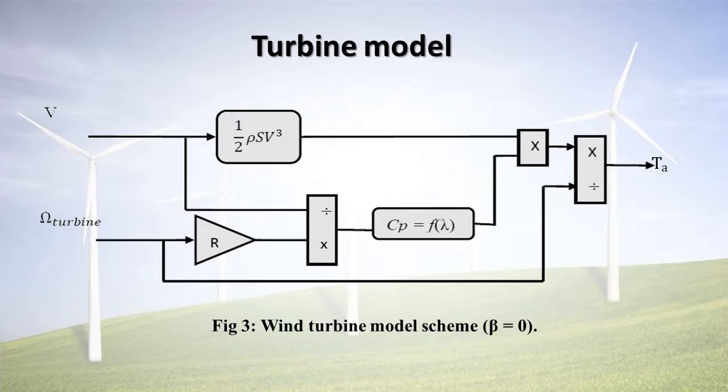The diagram shows that the speed of the turbine can be controlled by acting on two inputs, the angle of the blade beta and the magnetic torque of the generator, when speed is considered a disturbing input to this system.